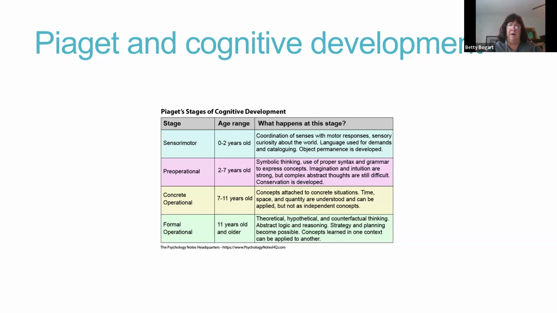Now, the two types of development that are always confused are concrete and formal operations. Think about concrete as something that's solid, that you can see, touch, smell, and feel, okay? Concrete, you've seen it before, you know it before, and you can use that in your everyday. Now, formal operation is what we call abstract thinking. This is that child who, without seeing things before, can, as I call them, because these are adolescents, fight their way out of a paper bag.